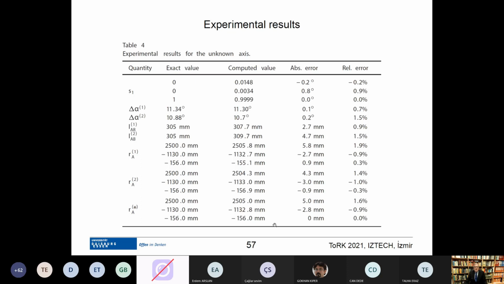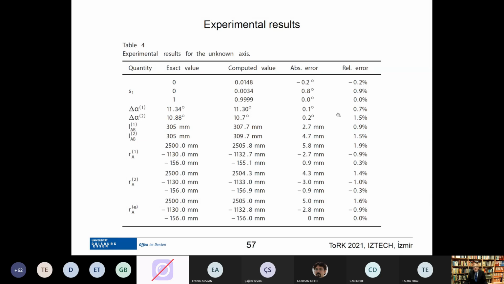And the result was that one can actually detect this axis with an error of 5 millimeters, which is 1.6% for the position, and a direction error which is below 1 degree, which is 0.9% of orientation.